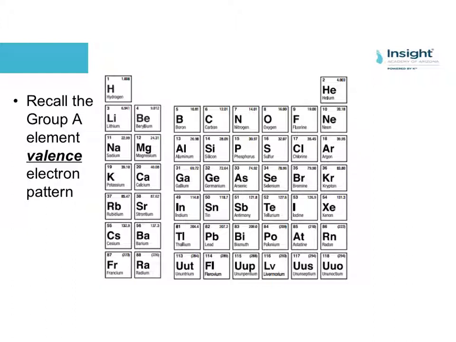But if you remember, we have 1A, 2A, 3A, 4A, 5A, 6A, 7A, and 8A. And the valence electron pattern is exactly those numbers.